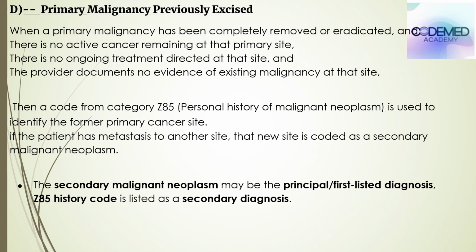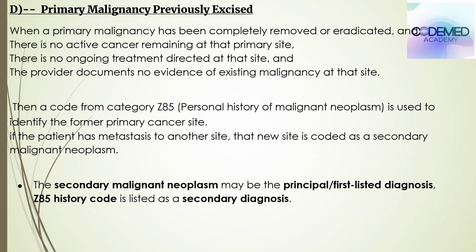The next guideline is primary malignancy previously excised. When primary malignancy has been completely removed or eradicated and there is no active cancer remaining at that primary site, there is no ongoing treatment directed at that site, and the provider documents no evidence of existing malignancy at that site, then the code from category Z85, personal history of malignant neoplasm, is used to identify the former primary cancer site.